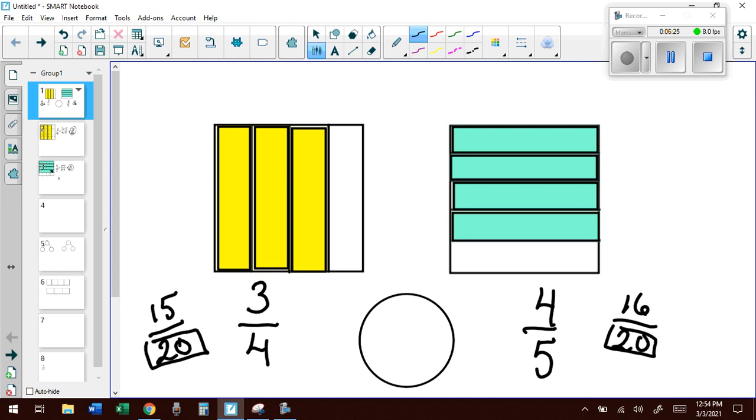Which is the greater fraction? Well, I know that 16 is greater than 15, so 3/4 is less than 4/5. And we use the skill of finding common denominators to solve our problem.